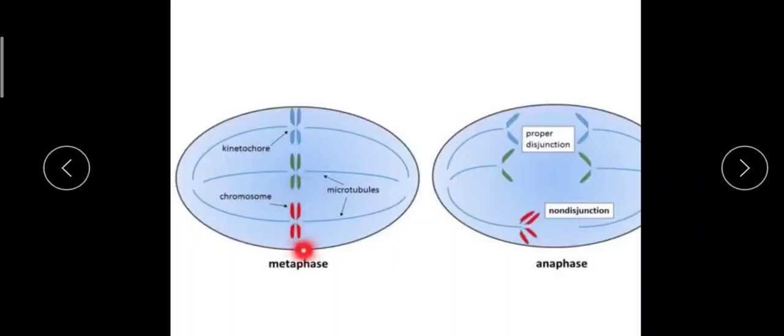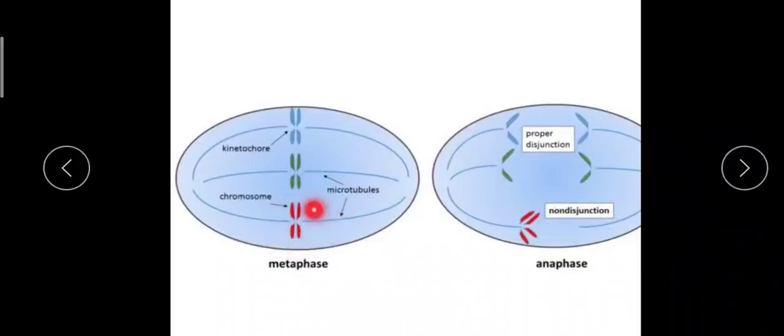During the metaphase, all the chromosomes line up in the equatorial plane and spindle fibers attach to the kinetochore of each chromosome, and in the next phase, anaphase, these chromosomes will be separated. The sister chromatids will be separated to opposite poles. See here, the sister chromatids are taken away from each other. They move to the opposite poles, right?